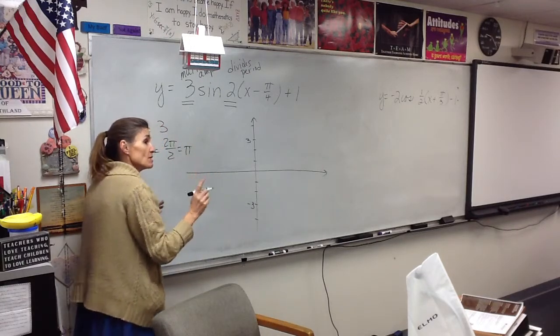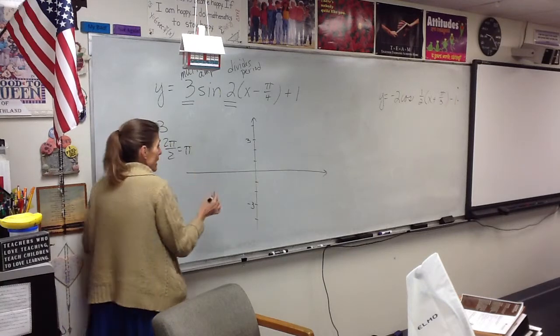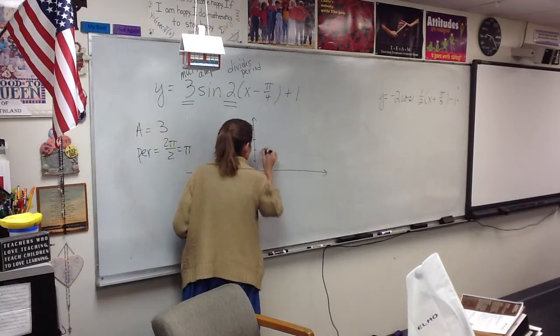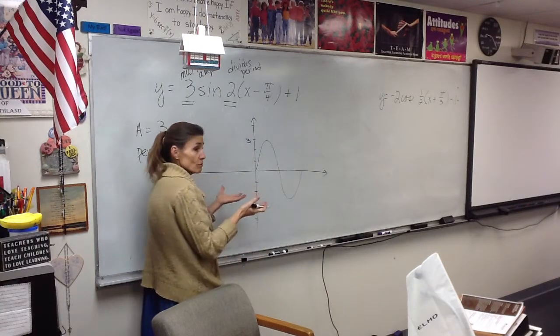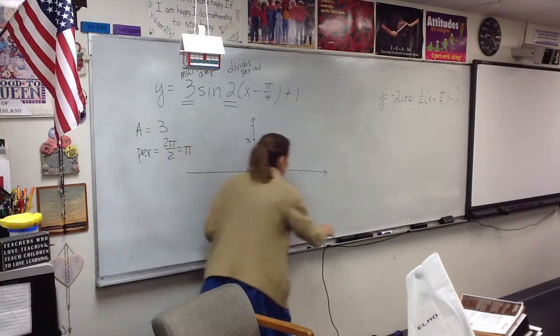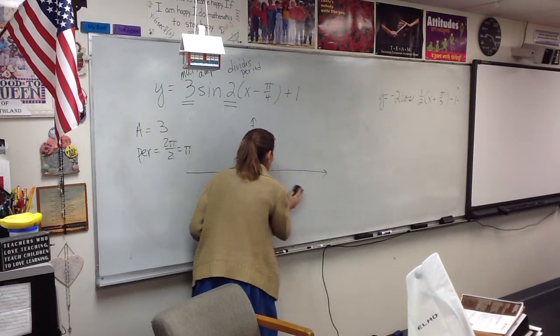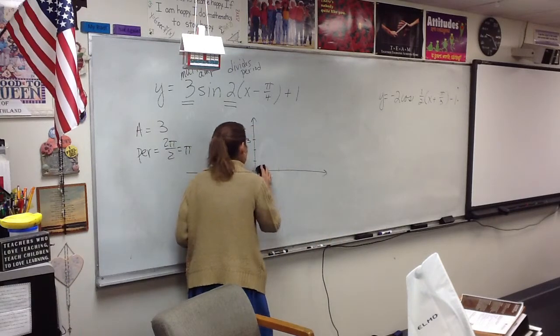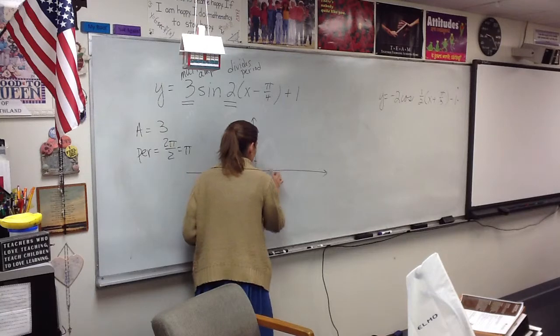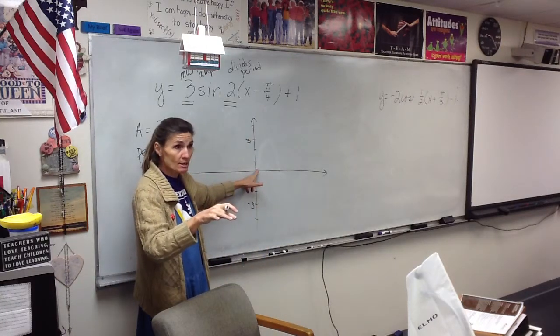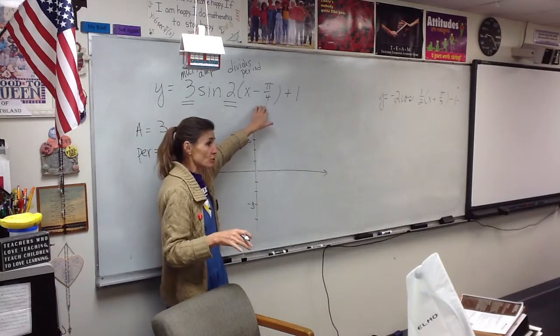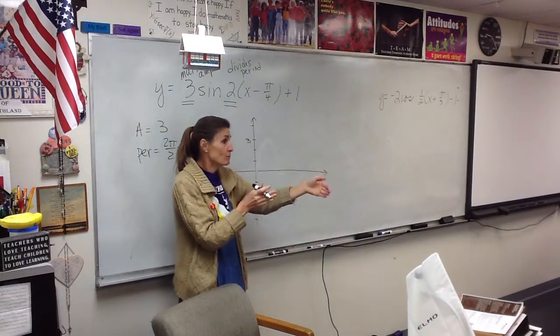Now here's where things are a little bit different. Yesterday, I just did this, right? Because that's what sine curves do. The issue now, though, is this sine curve doesn't start at the origin. That's where sine curves are supposed to start, but what have I done to this picture? I moved it over.